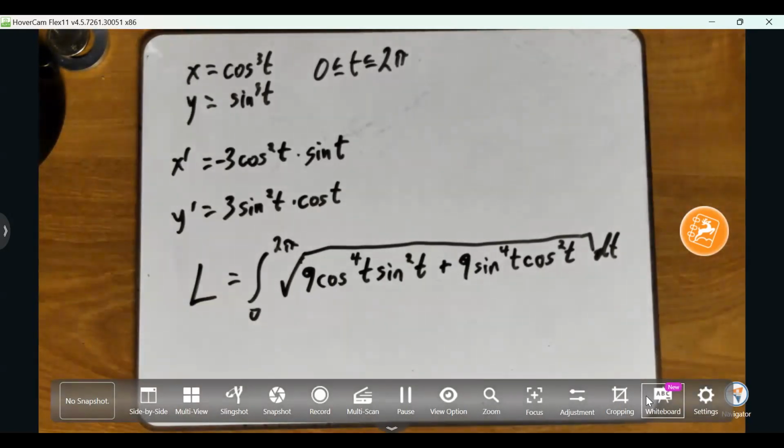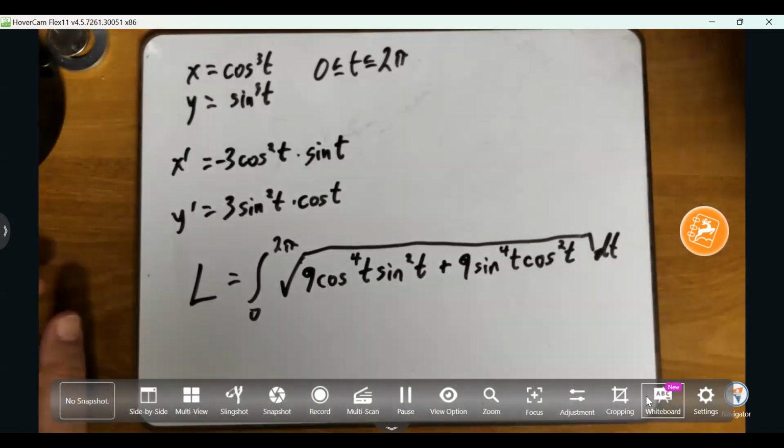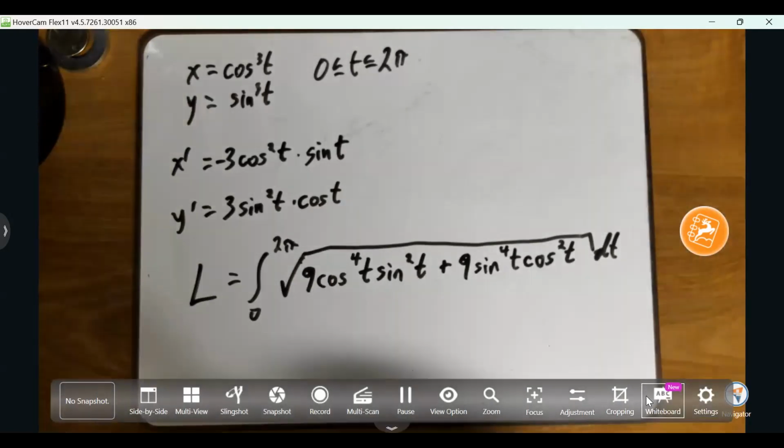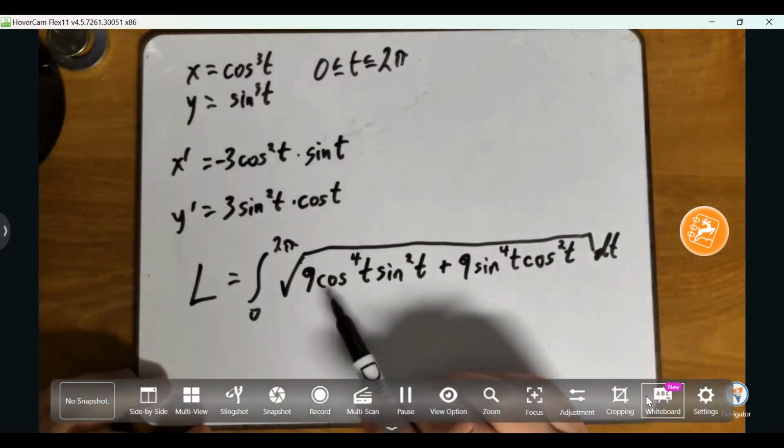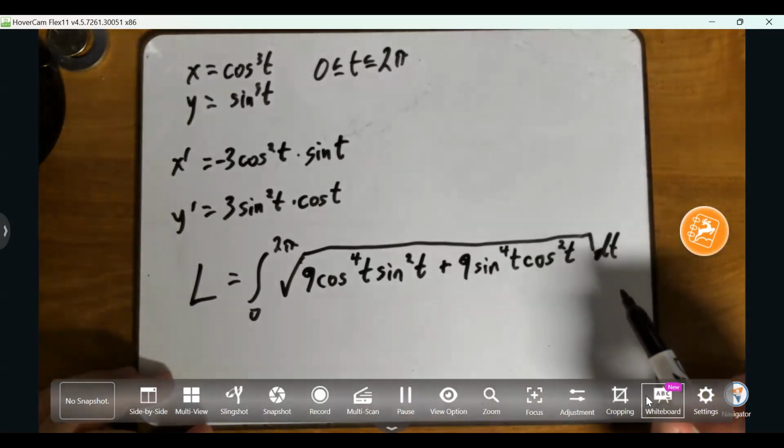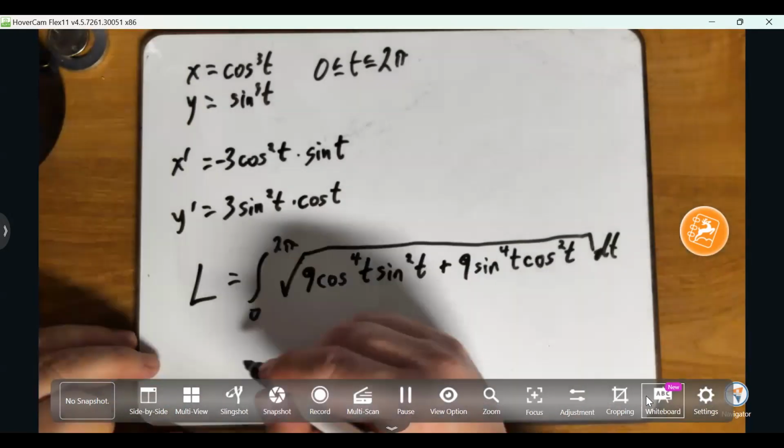All right, so in this particular case, we can do some simplification of terms. We can note that there is a cosine squared and a sine squared and a 9 in all of these.